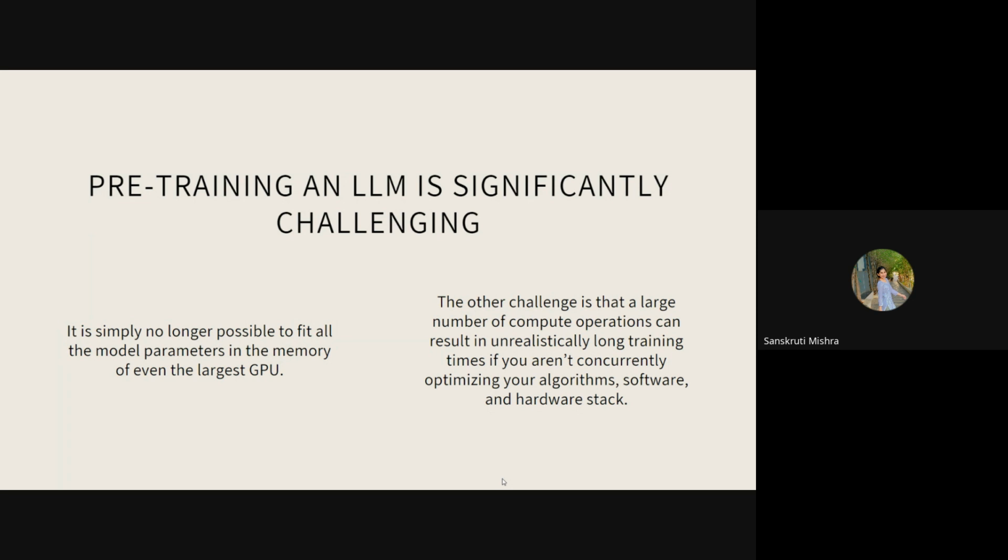The other challenge is that a large number of computational operations can result in unrealistically long training hours if you are not concurrently optimizing your algorithms and your hardware stack. Training GPT-3 with 175B parameters would require about 288 years with a single V100 NVIDIA GPU. There are several strategies that can be used to address this task. That's why we talk about parallelization.